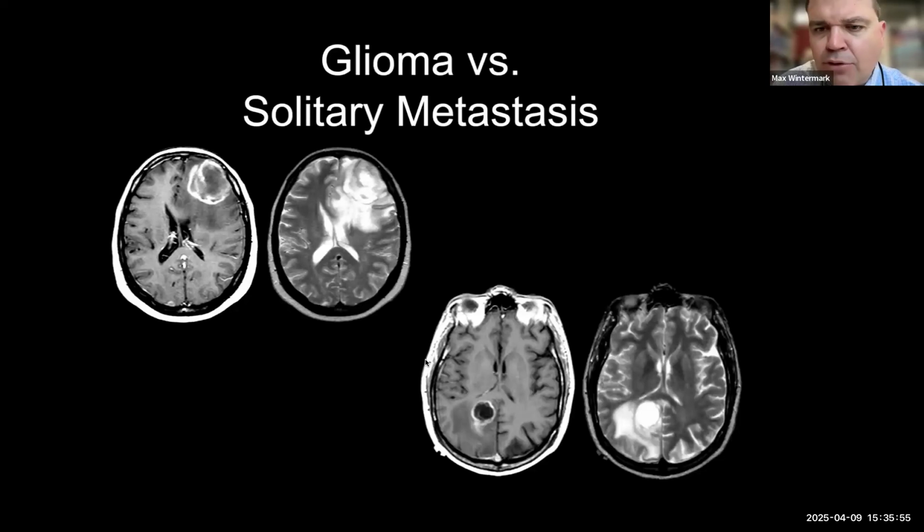And of course, you're going to think more of metastasis. And if the other patient doesn't have any history of primary, you may think more about the GBM. But from an imaging perspective, they look very similar.